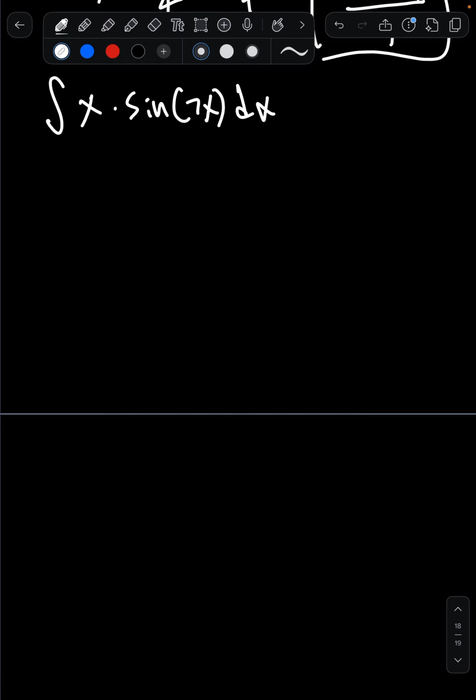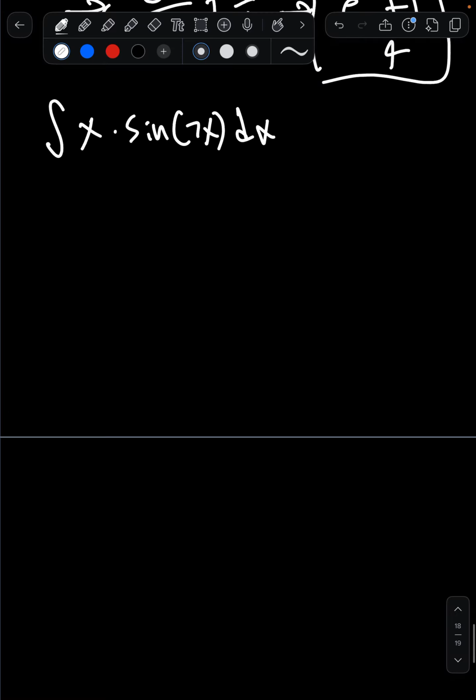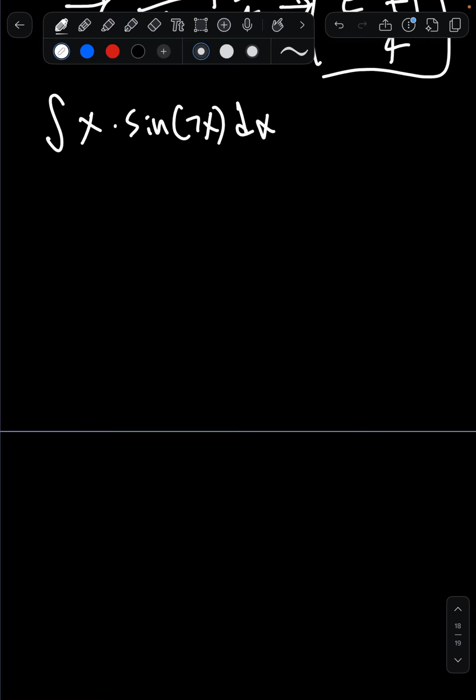Let's take another integral. Let's take the integral of x times sine of 7x. How would you do this one? Well, it's the same concept as we applied above.